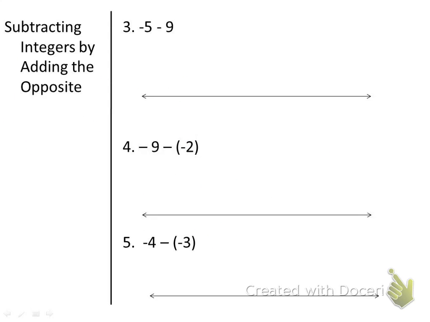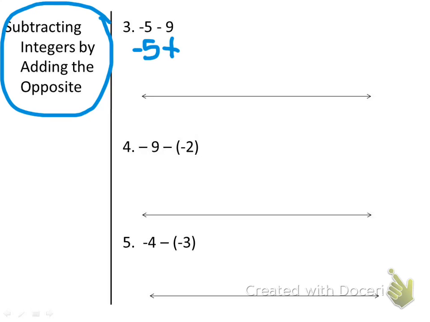Okay, our next topic in our notes is subtracting integers by adding the opposite. For the first one we have -5 minus 9. I'm going to change this to a plus sign in between them and show that this is a -9. This is adding the opposite. So this helps me remember when we're adding negative numbers.